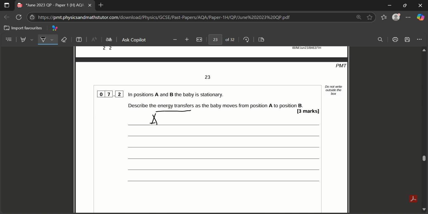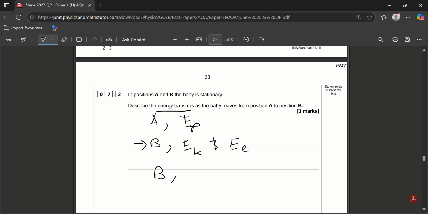So let's write that down. At A, it's all just going to be gravitational potential energy. To get to B, it's going to go to kinetic energy and elastic potential energy.